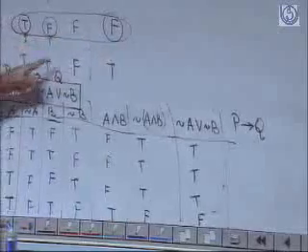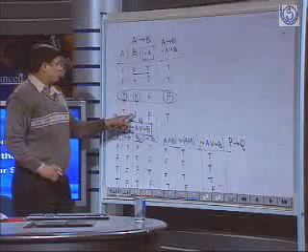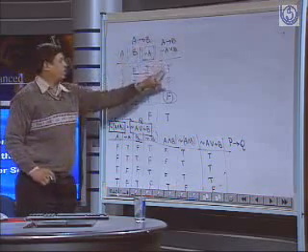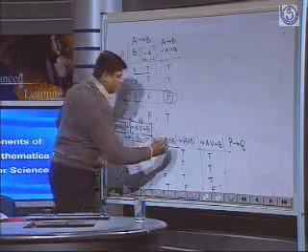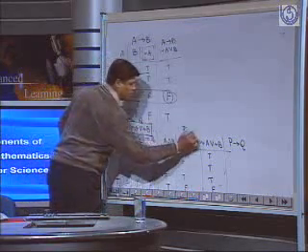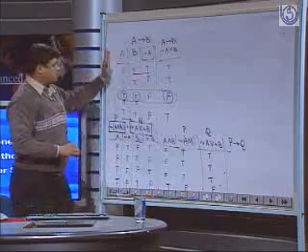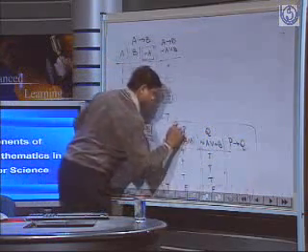In all other situations, the output is true. So A is true, B is true, then A implication B is true. The same will happen over here. This is now referred to as P, this is now referred to as Q. Map this table with this section.